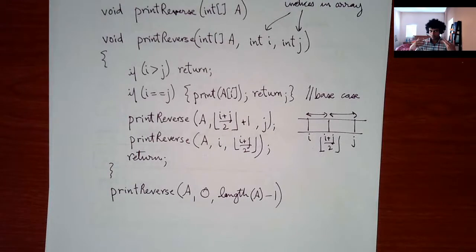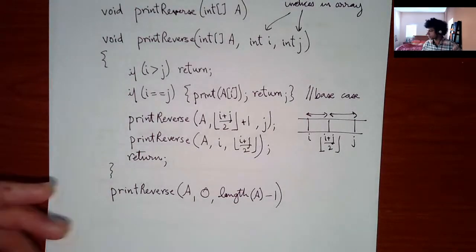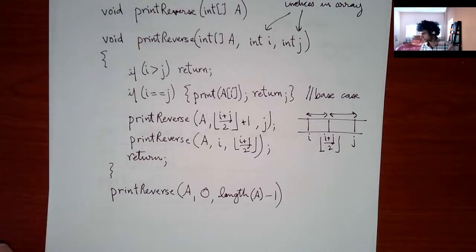So the logic fundamentally has two recursive calls in it, and that's why you have two recursive calls in here. Yes, you will need to figure out how many recursive calls are being done.